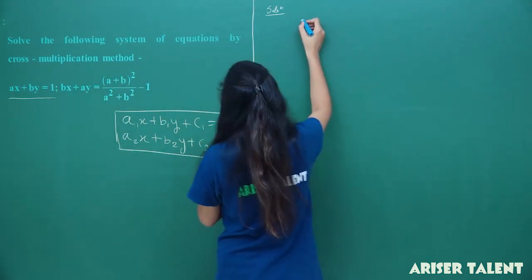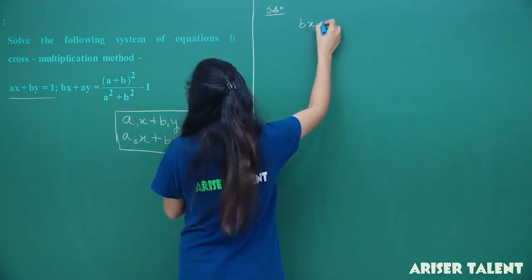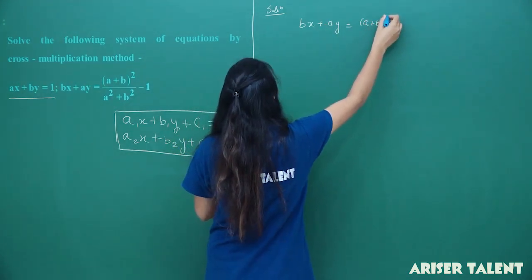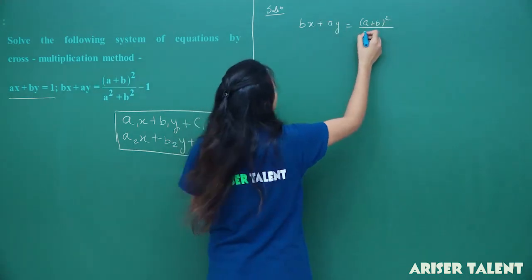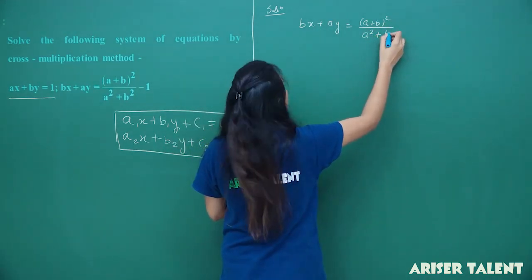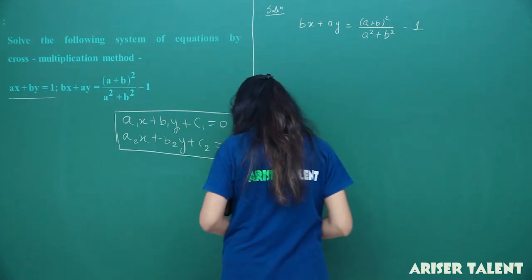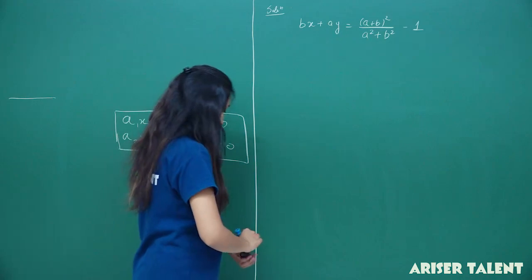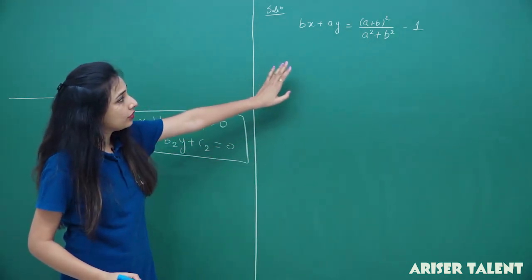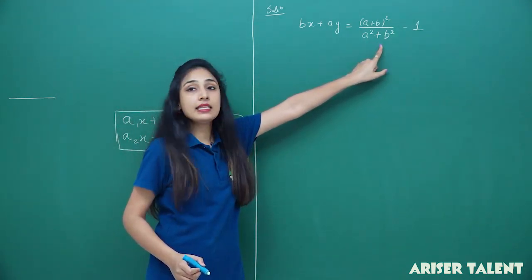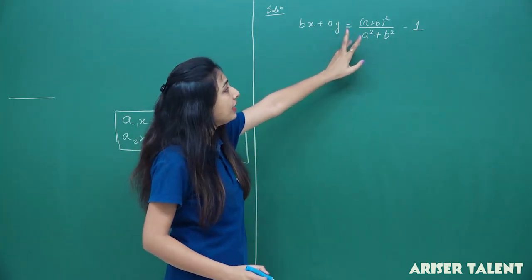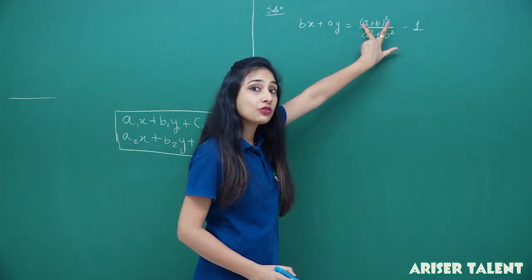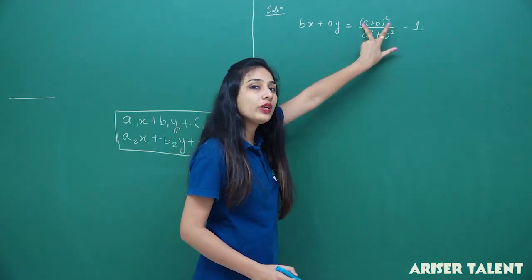Okay, so this is bx plus ay equals (a plus b) whole square upon a square plus b square minus 1. Now what we'll do, we'll take the LCM here, and we'll open this. (a plus b) whole square is equal to what? a square plus b square plus 2ab, right?